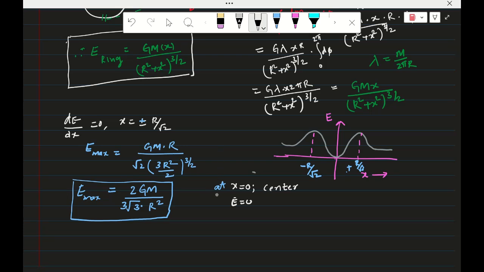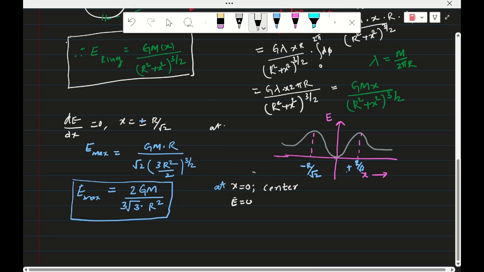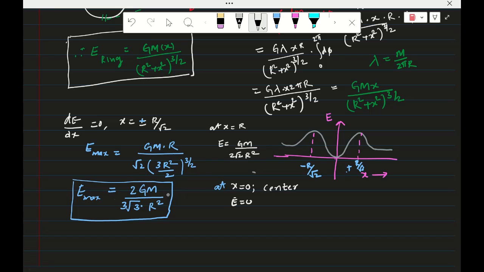So on the surface, at x equal to r, E is equal to gm by 2 root 2 into r square. So this represents this one, and this one represents a parabolic equation, x square equal to minus something, a downward parabola. So like this.